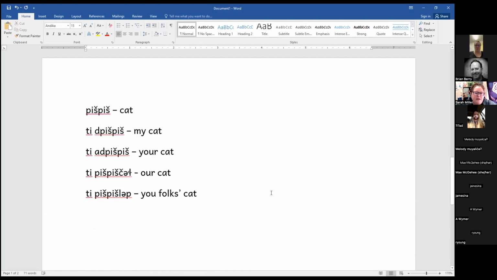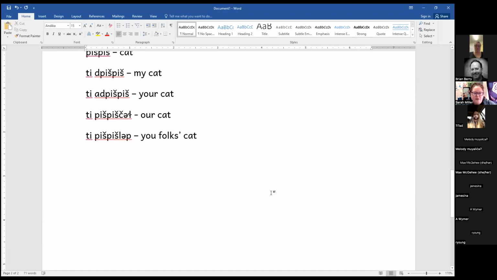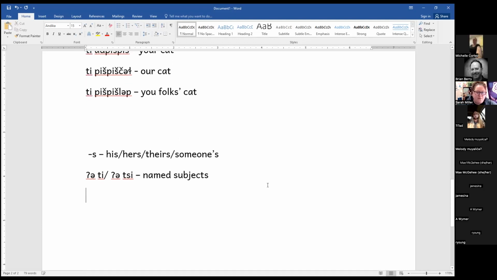Now we're going to add two more possessives that are a little bit different. We've got the s ending, which is for his, hers, theirs. Basically, someone's thing, right? And then we have a t or a c, which is for named subjects. So let's do tbod.